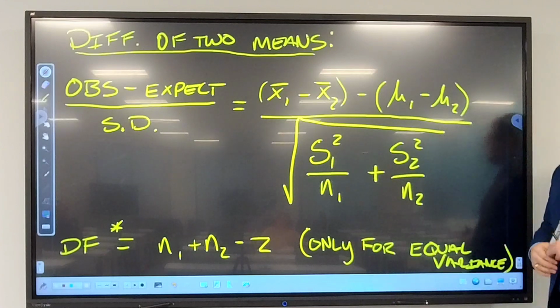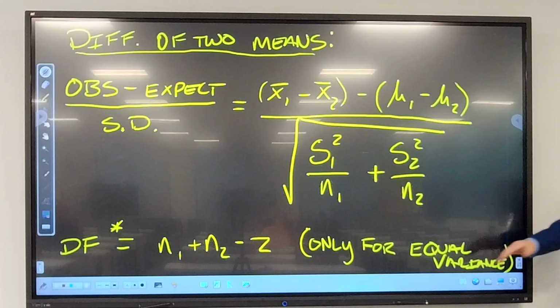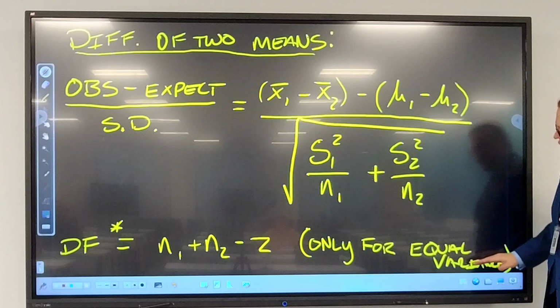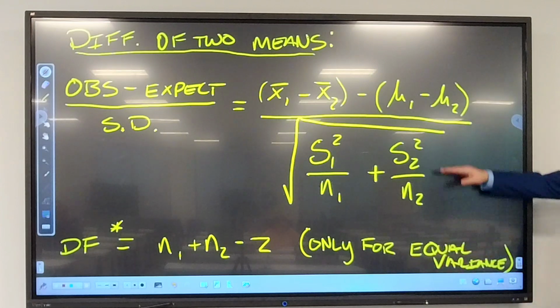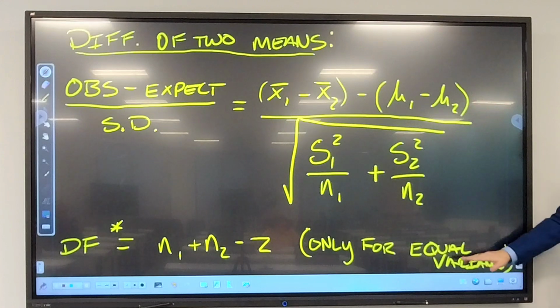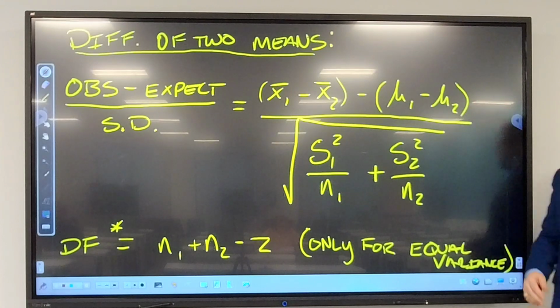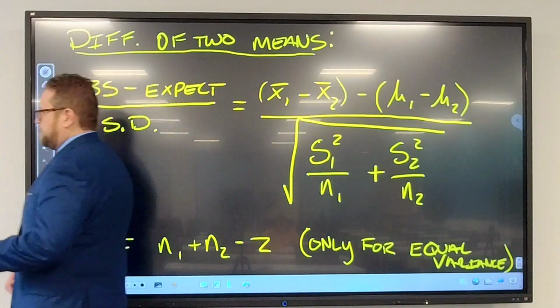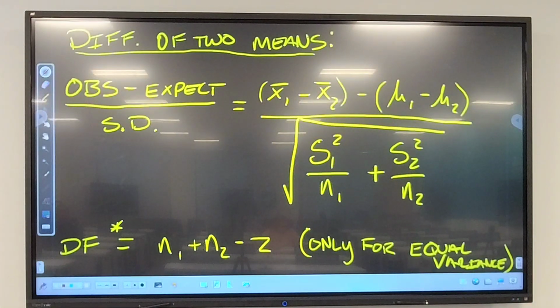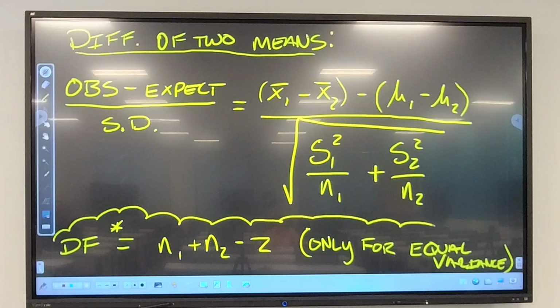I don't know what the population variance is, unless I've gone out and checked every single member of that population. And you could only use this degrees of freedom if you knew that each of those populations had equal variance. And if you don't know that, then you have to use this other degrees of freedom. Correctly using this is rare. It hardly ever happens.